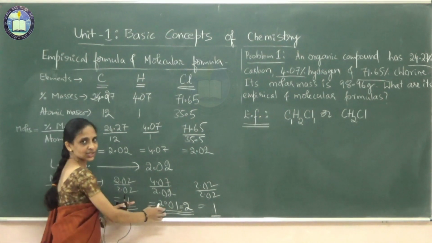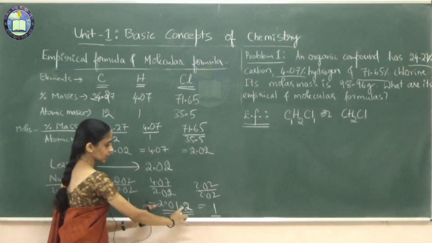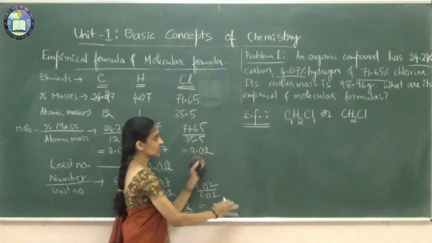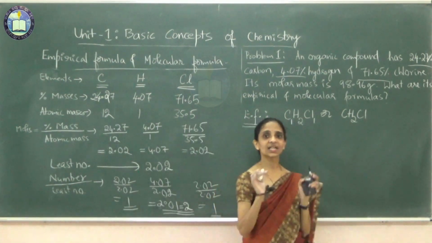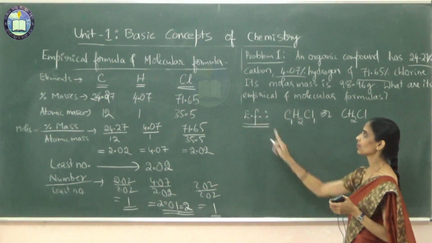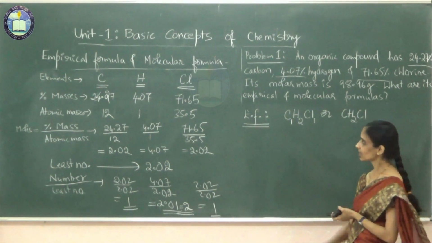If an integer is not got, round it off to the integer and place these integers with their respective elements. You will get the empirical formula.